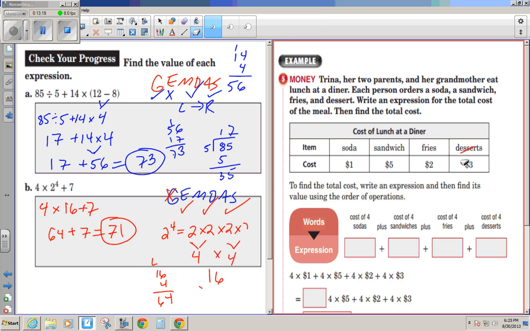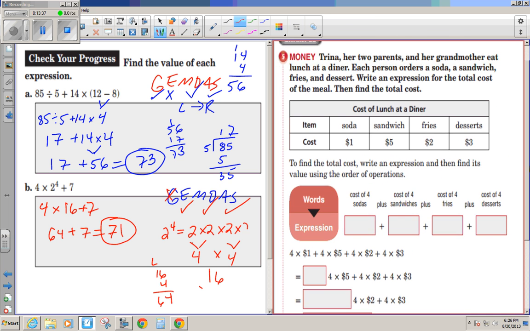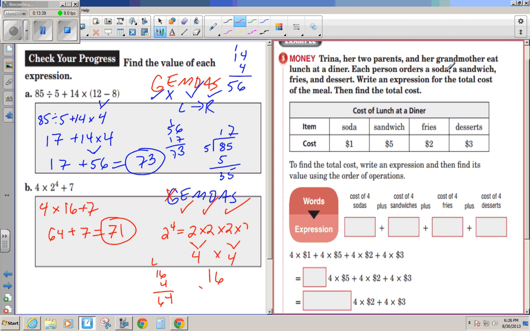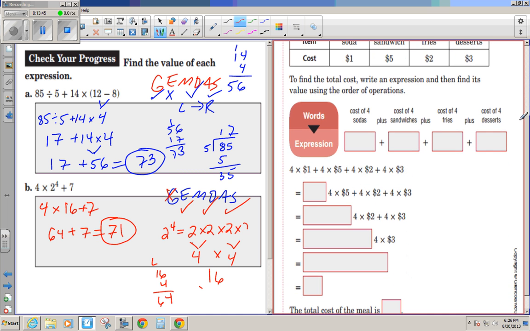All right, it says Trina, her 2 parents, and her grandmother eat lunch at a diner. Each person orders a soda, a sandwich, fries, and a dessert. Write an expression for the total cost of the meal, then find the total cost. So they each order a soda, a sandwich, fries, and they each do one of these things.